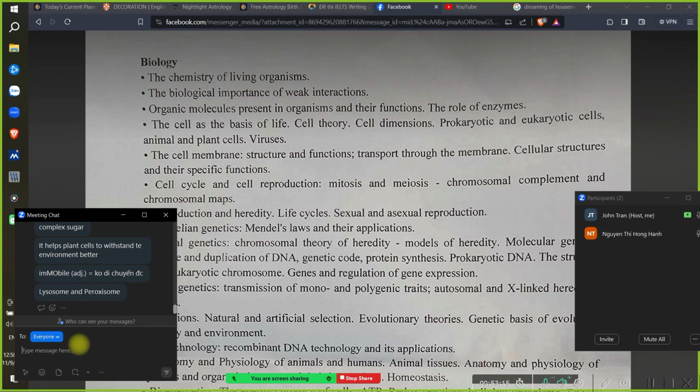The lysosome and peroxisome are in the plant cells, right?